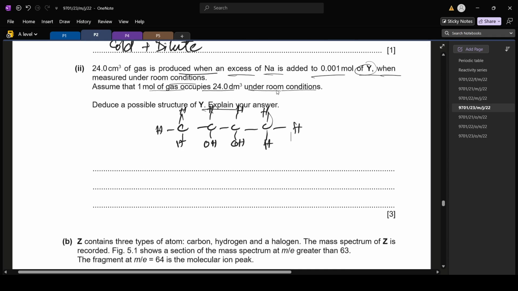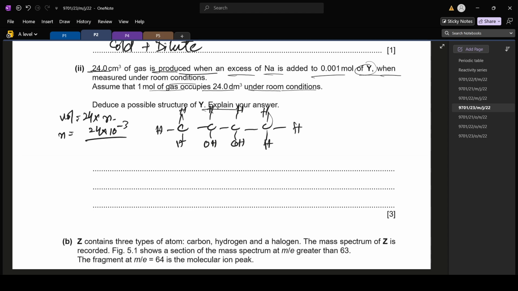And what is the reason why this is the structure? If you calculate the moles of gas produced, volume is equal to 24 multiplied by n, so moles is equal to volume, 24 multiplied by 10 to the power minus 3, because you have to convert it to dm cube, divided by 24.